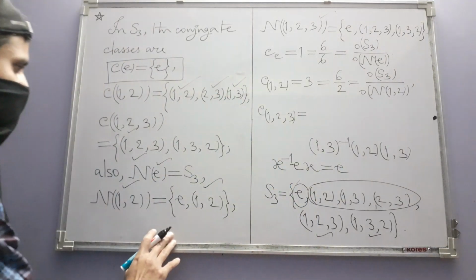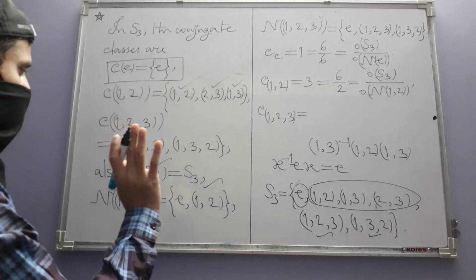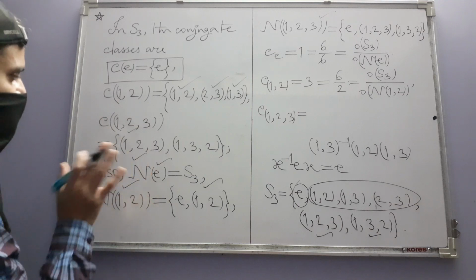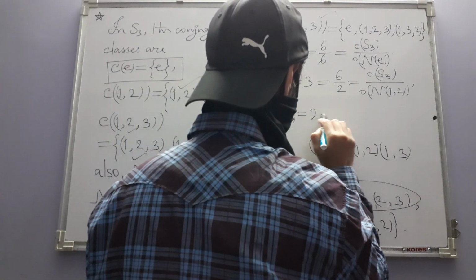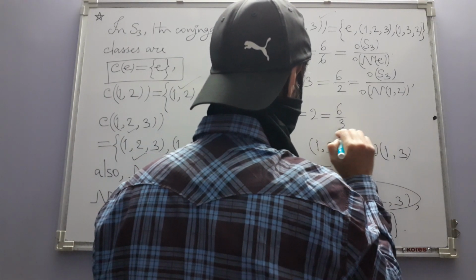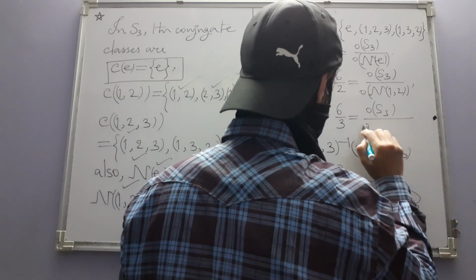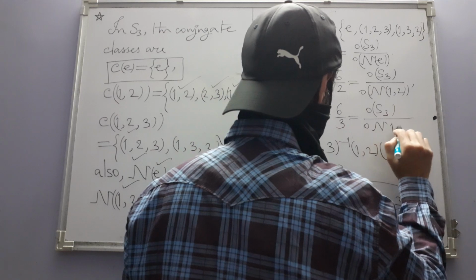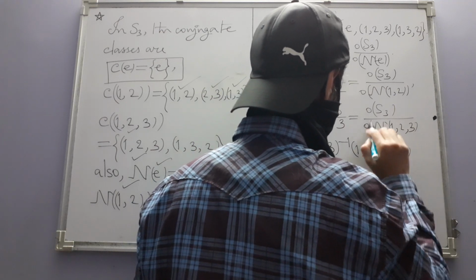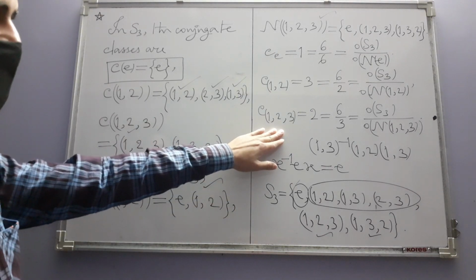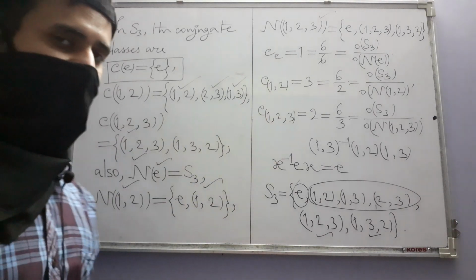No, what I said now is wrong. It is 2, because this is the conjugate class. So this is 6 over 3, divided by the order of the normalizer of this. So you see that we have in fact verified the class equation.